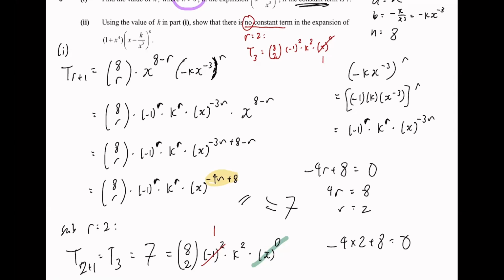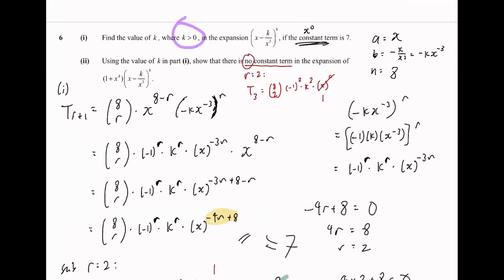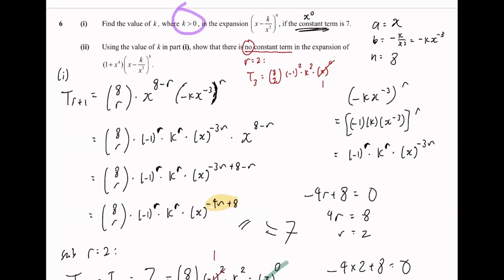No constant term. There's something wrong with this question. Do you notice something? You can actually get a constant, right? If you expand it, with r equal to 2, you'll get a constant. Then you multiply by 1, you'll get a constant. Oh, so this question is wrong.